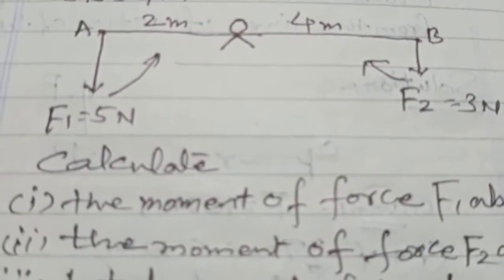So what do we first calculate? The question asks: the moment of force F1 about O, meaning the moment of force at point A; second, the moment of force F2 about O, meaning the moment of force at point B; and third, the total moment of the two forces about O. So we first find the moment with AO and next OB.